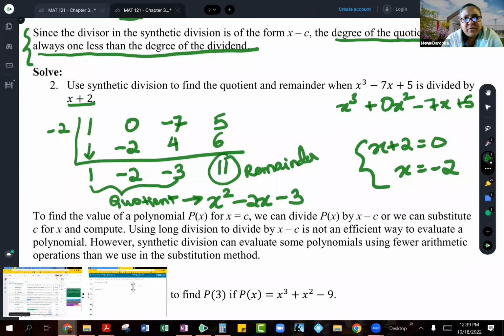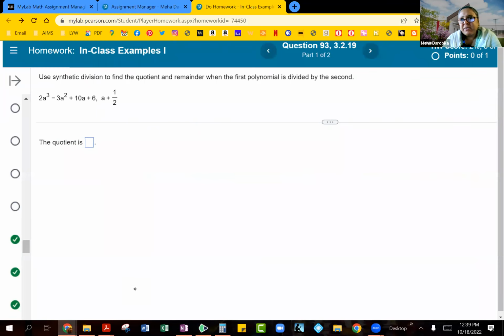Okay, if you don't have a question, then let's do this example here from my MATLAB. This one is talking about, again, using synthetic division, find the quotient and the remainder, divide your first polynomial by the second polynomial. So again, this is our first polynomial. This is our second polynomial.